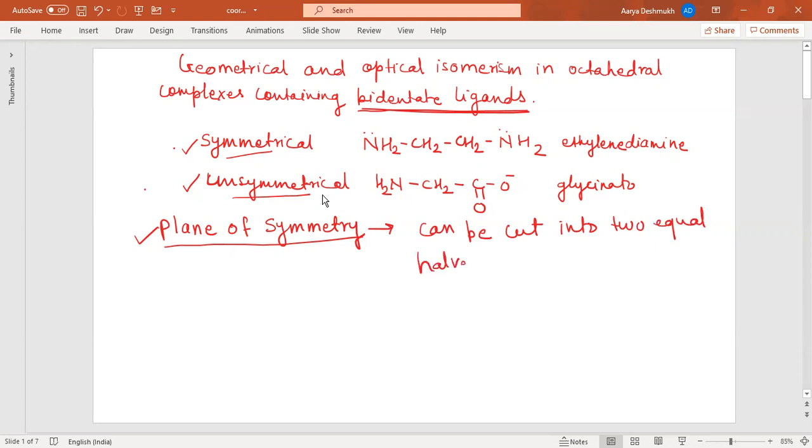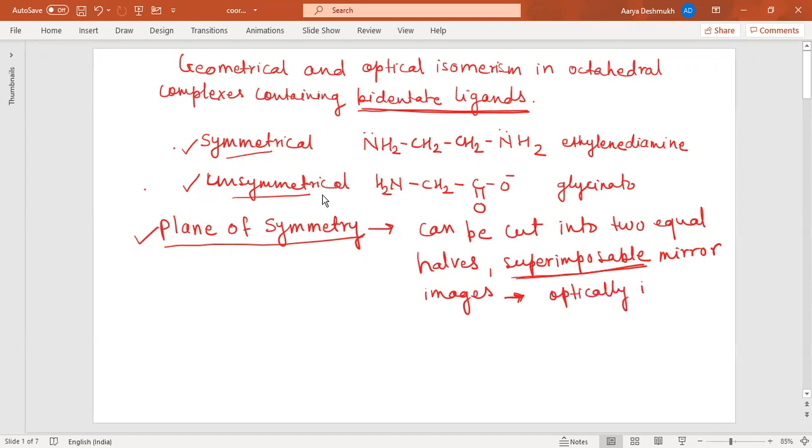And if those equal halves are superimposable mirror images, remember this is very important, it means that the molecule is optically inactive.